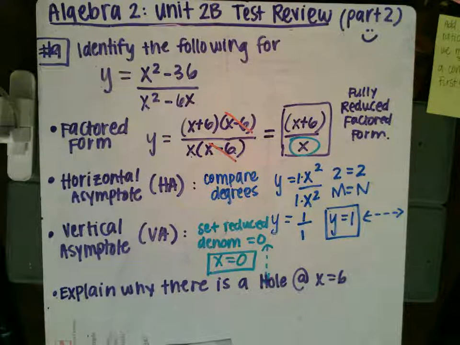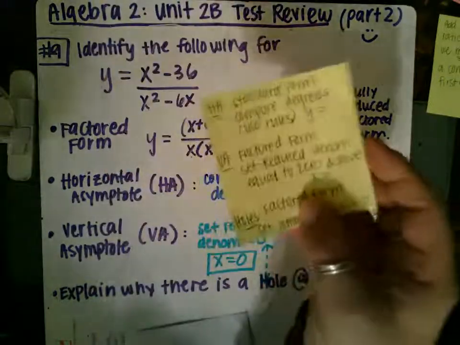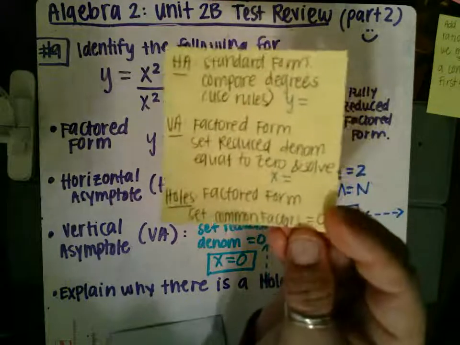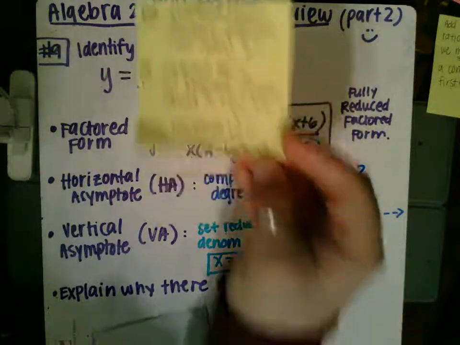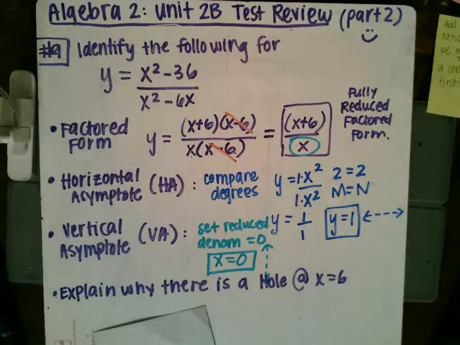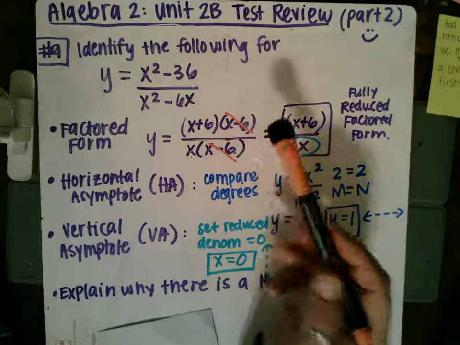And this is actually pretty straightforward, because remember from our sticky note, holes are where we set our common factors equal to 0, the ones that get reduced from factored form, right? So looking at factored form, the common factors that canceled out were x minus 6.